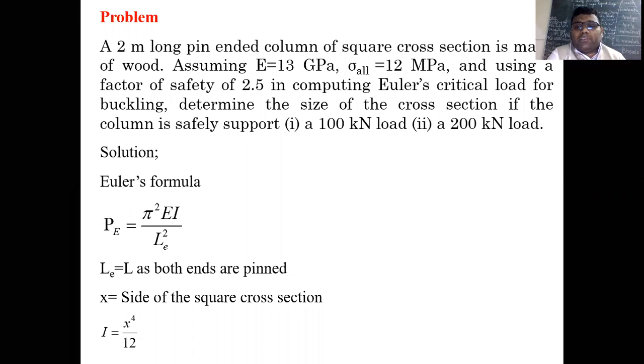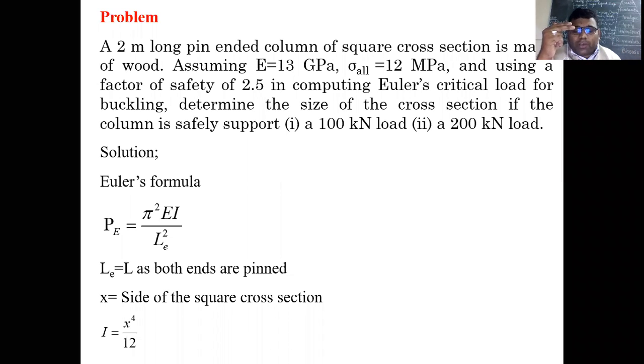Determine the size of the cross section if the column is safely supporting a 100 kilonewton load and a 200 kilonewton load. So we have to find the cross section of that square. Two things are given.